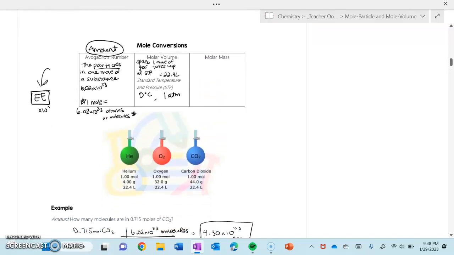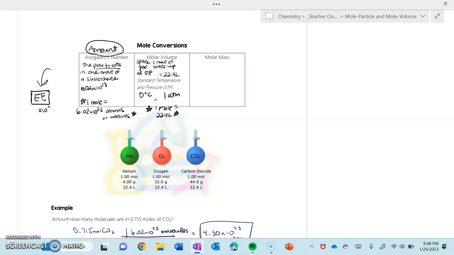And then our third mole conversion, let's write the conversion factor here for volume. 1 mole equals 22.4 liters of a gas at STP. We can use that to convert between moles and liters of a gas.